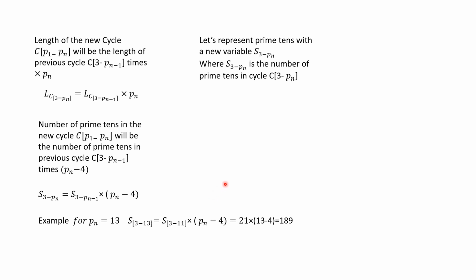For a prime n equal 13, this is an example, we will have the cycle from 3 through 11 times prime n minus 4, and that will be the amount of prime terms that we will have. The cycle of 3 through 11 has 21 prime terms times 13 minus 4, that is Pn minus 4, will be 189 prime terms.